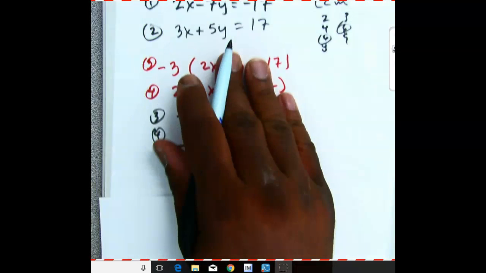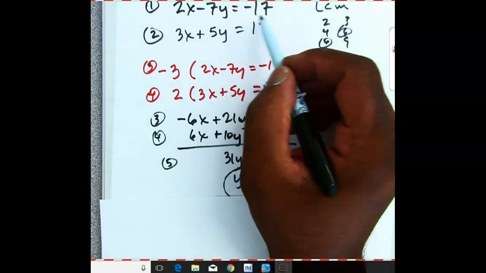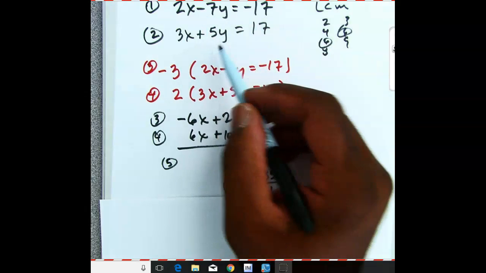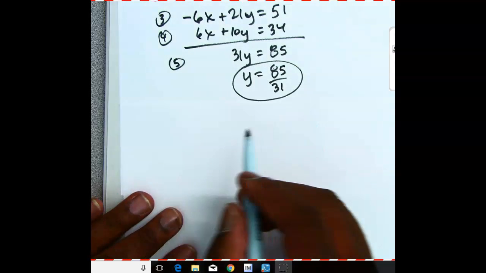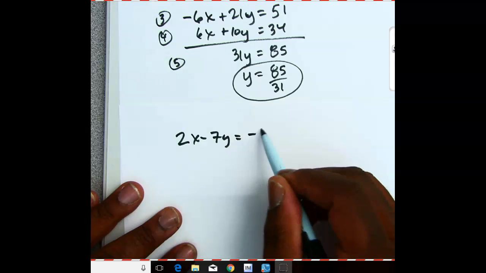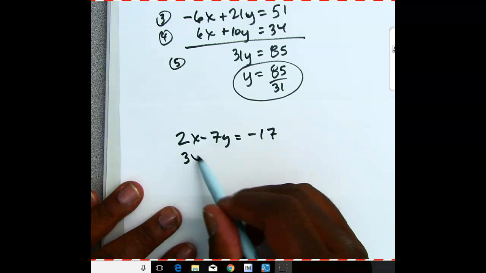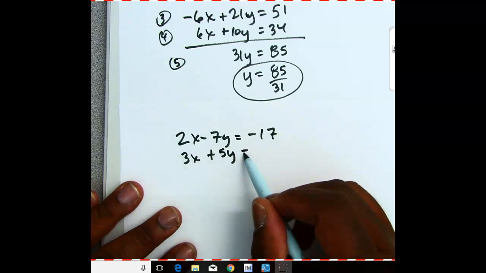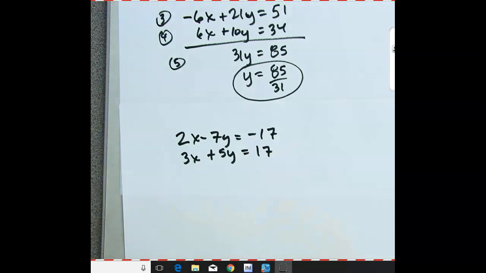So starting again here, with 2x minus 7y is negative 17, 3x plus 5y is 17. Now we're going to do the other one. So now we're going to eliminate the y's.